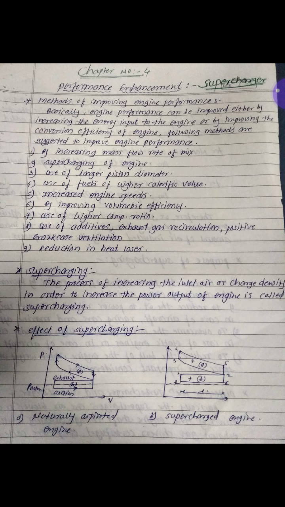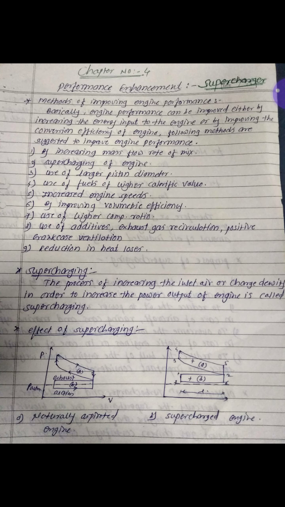Next is use of additives. By using some additives, we can reduce the abnormal combustion tendency, that is knocking and detonation in engines. As the abnormal combustion reduces, the power output from the engine increases. Again, with the exhaust gas recirculation method, we increase some power output from the engine and reduce the nitrogen oxide emission.